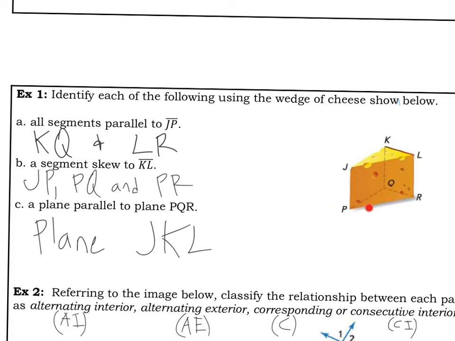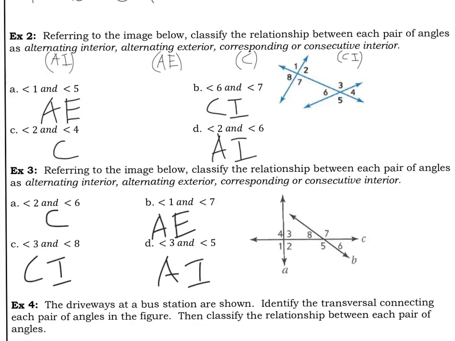PQR is just the bottom face of this wedge, so we look at the top of it. JKL, excuse me. Any of these three letters in that order, or any order of those three letters would be acceptable.